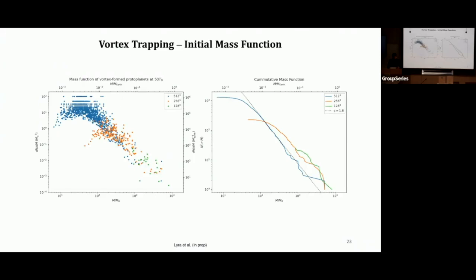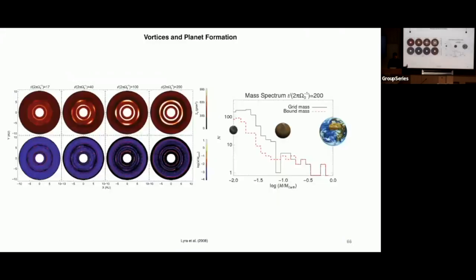That was something that I was thinking here, if this is even converged or not. In fact, I ran lower resolution models of this some 10 years ago, and also saw Moon mass objects, Mars mass objects, but in global disk models where the resolution was much less.